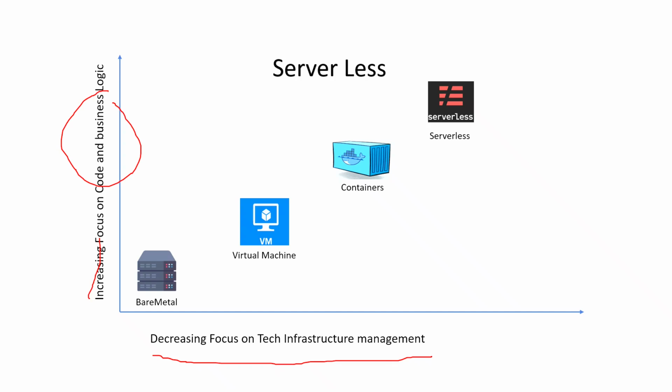If you start from the initial days when we used bare metal, you go to market, purchase a bare metal server, and then you are responsible for installing the OS, networking logic, storage, memory, patching, everything, right? Whenever there is a version change for the OS or runtime, you have to update that.